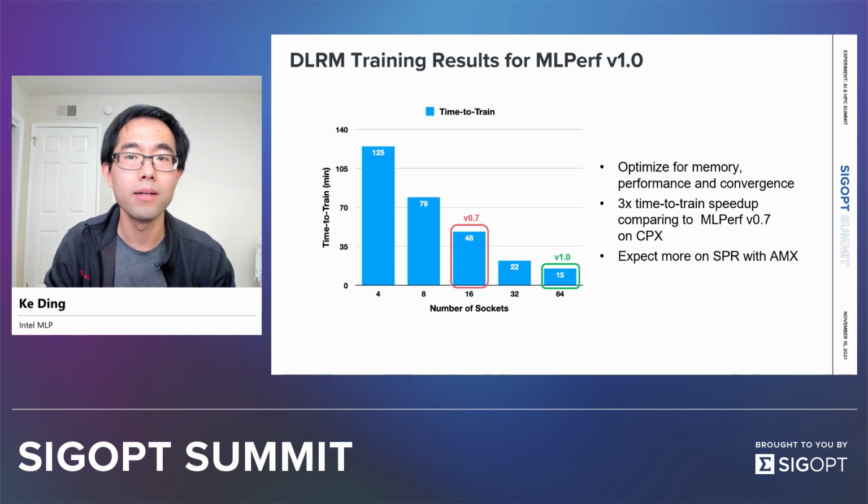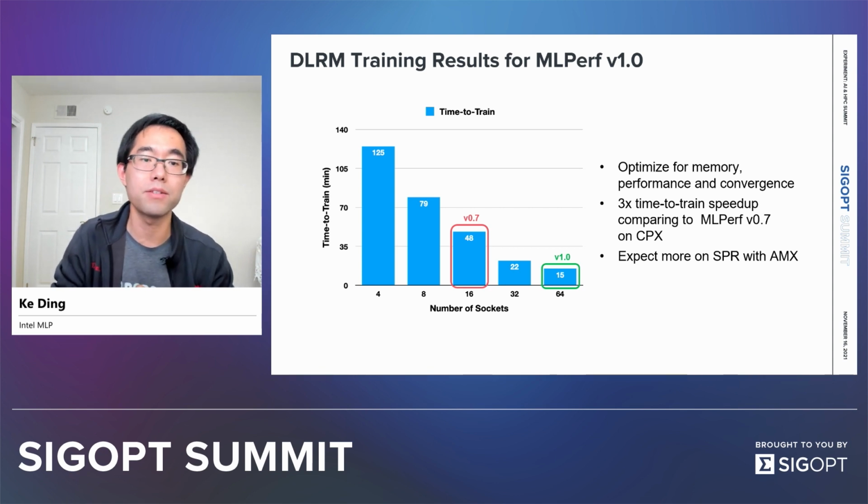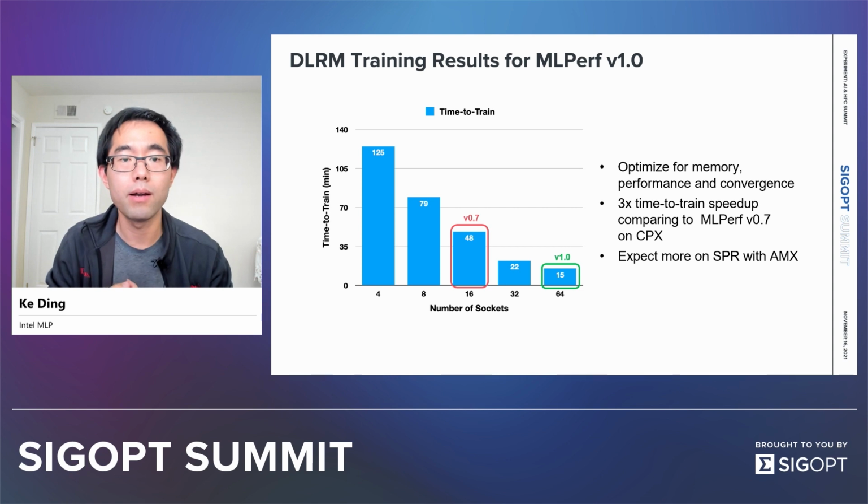The middle column bar shows the v0.7 training submission result last year with 32 global batch size and with the Split SGD optimizer. It requires about 45 to 48 minutes.